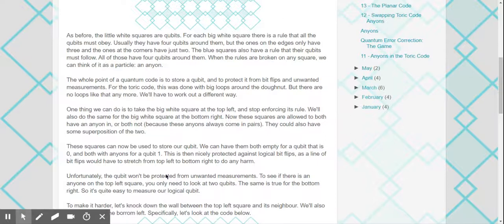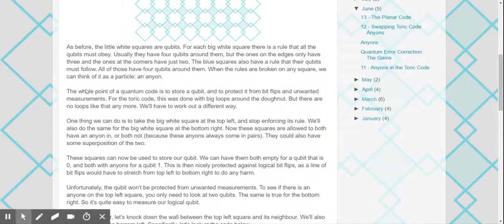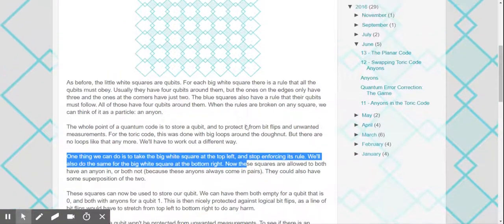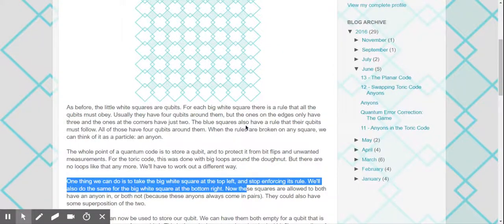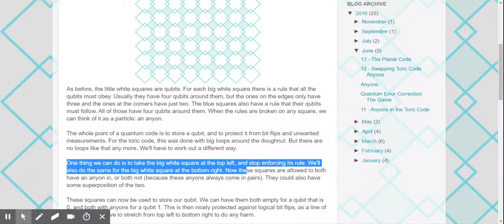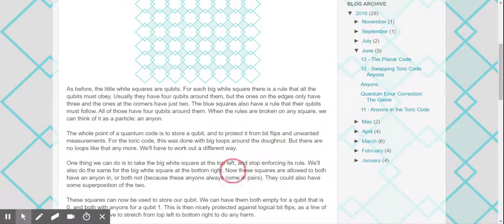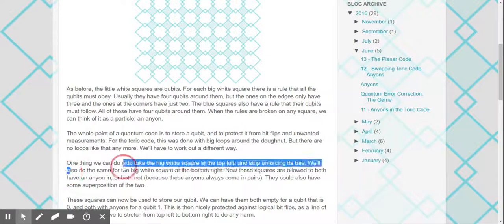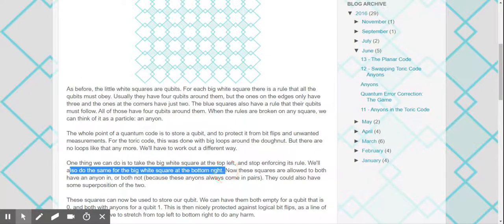These squares can now be used to store it. One thing we can do is to take the big white square at the top left and stop enforcing its rule. It's also the same for the big white square at the bottom right.